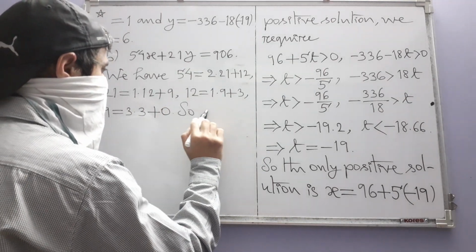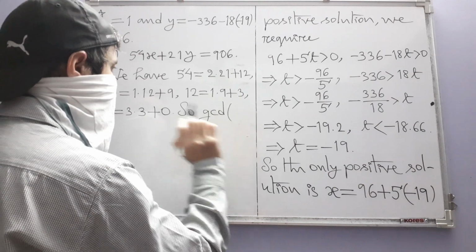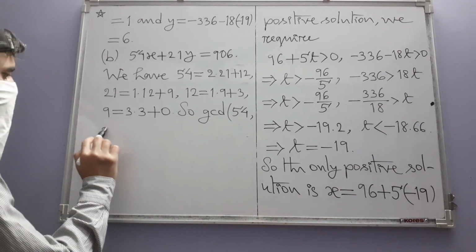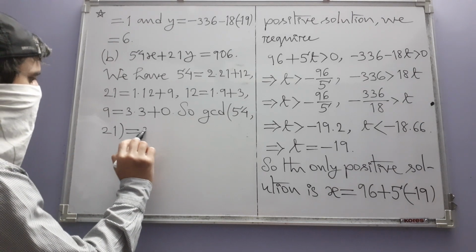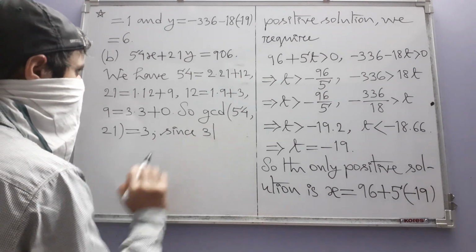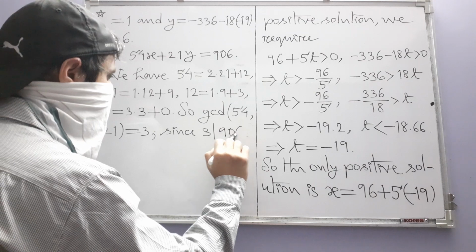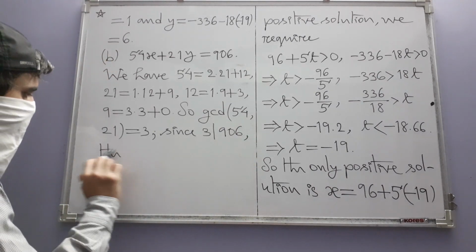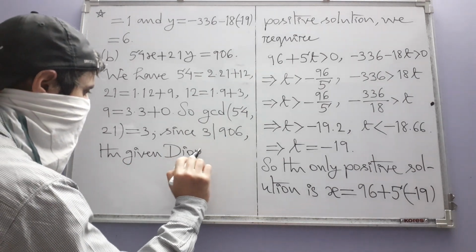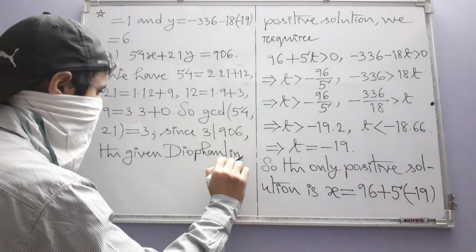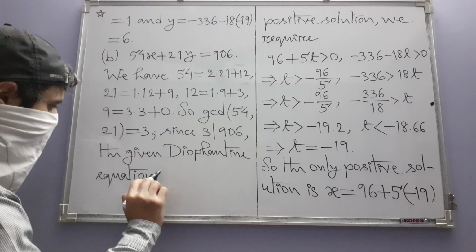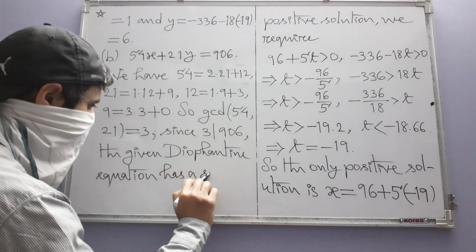So the greatest common divisor of 54 and 21 is equal to 3. Since 3 divides 906, the given Diophantine equation has a solution.